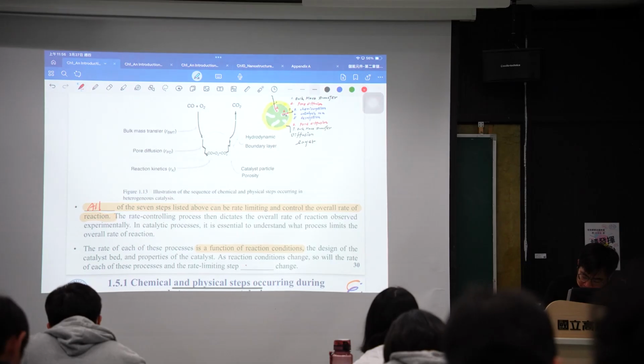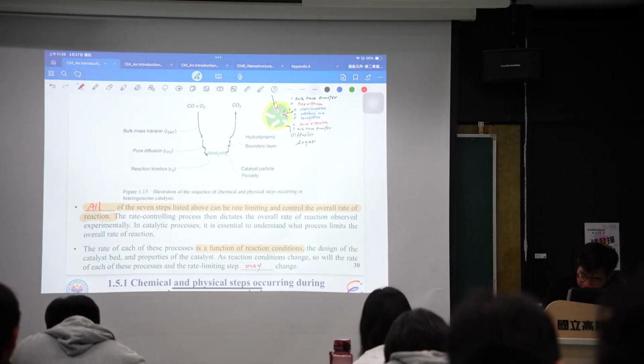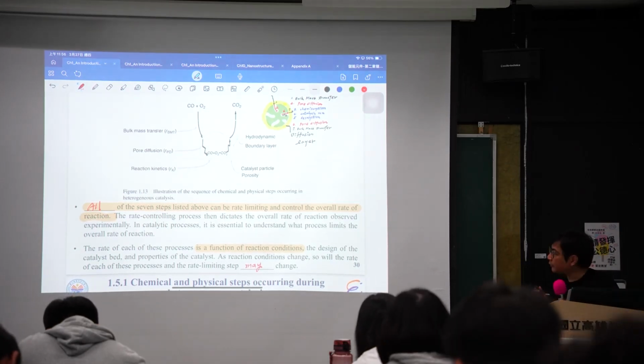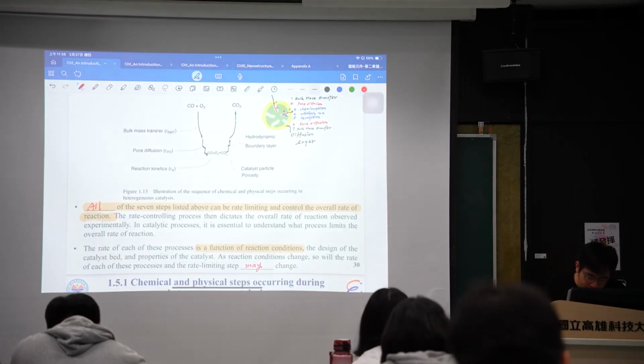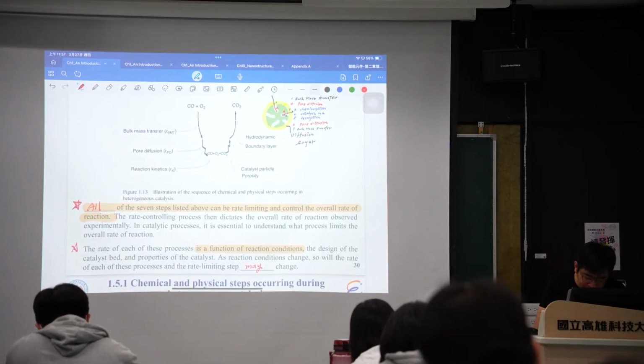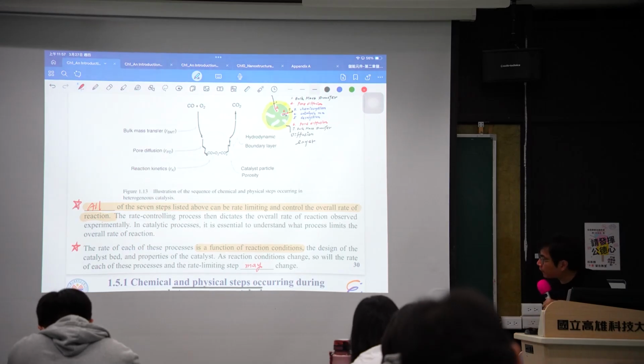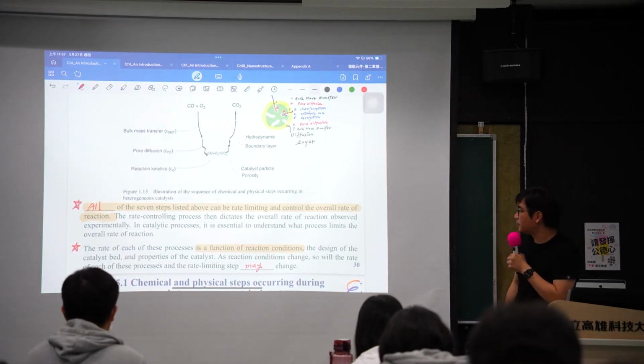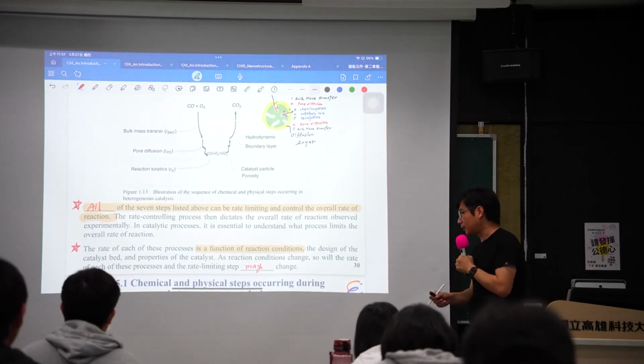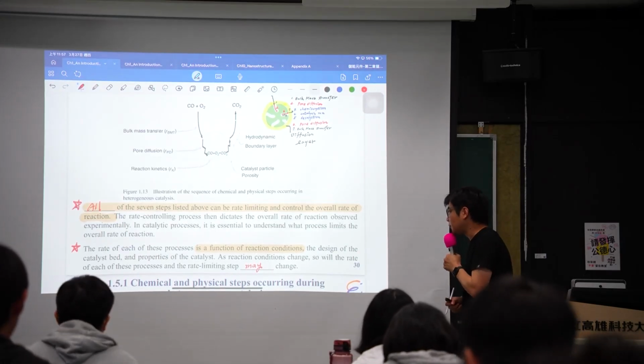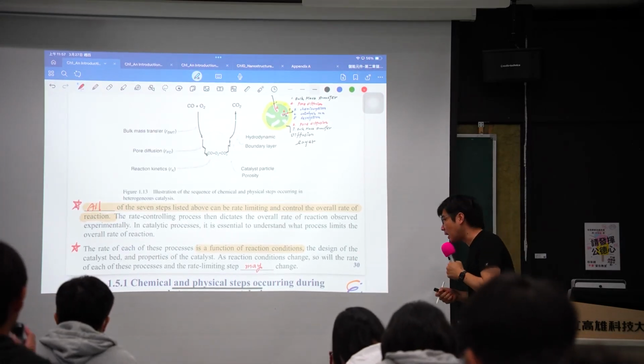[It will change, not change, may change. These two concepts are very important.] Very important concept. Which step is rate limiting depends on the condition. So you have different reaction conditions.